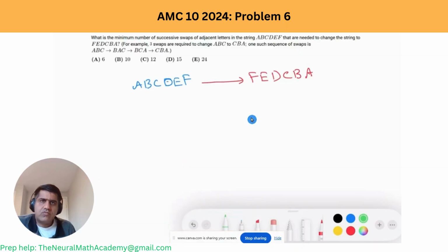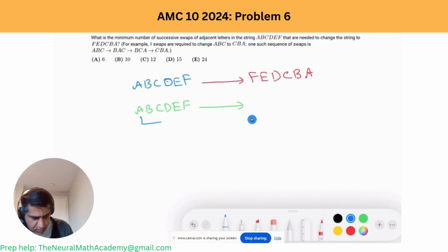So we will swap one letter each time. If we swap A first, so if we swap A to F, we need to make a total of 5 swaps, right? And then the string we will get is B, C, D, E, F, A, and it will be after 5 swaps because we make one swap, 2, and similarly 5.